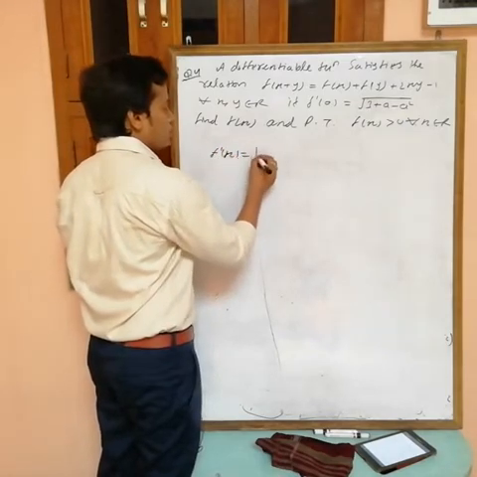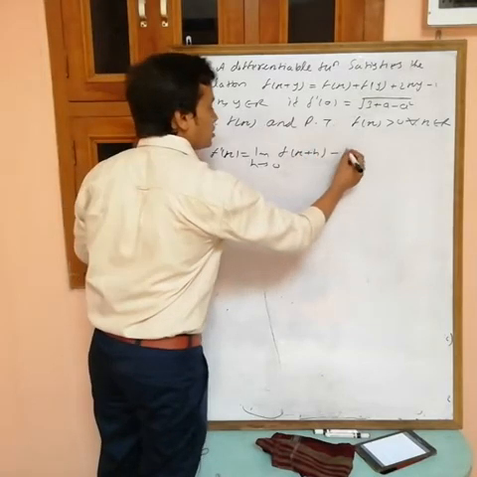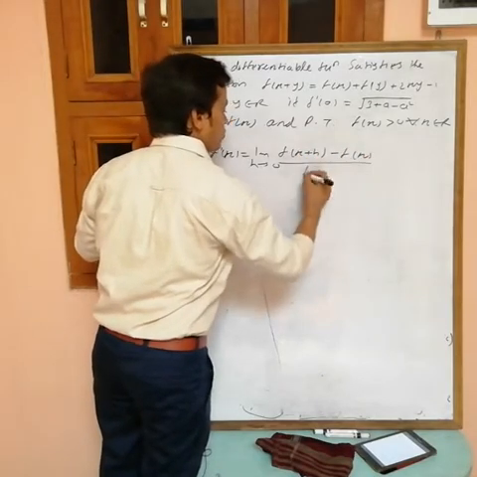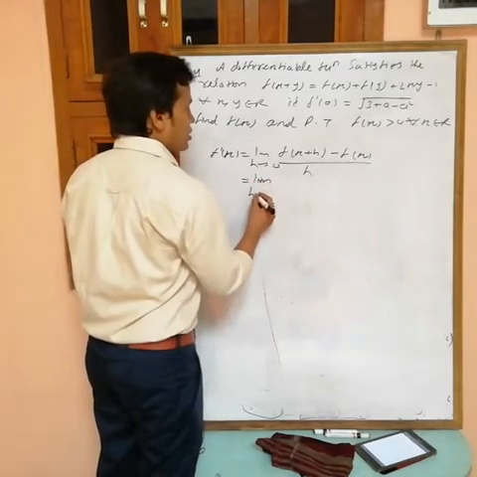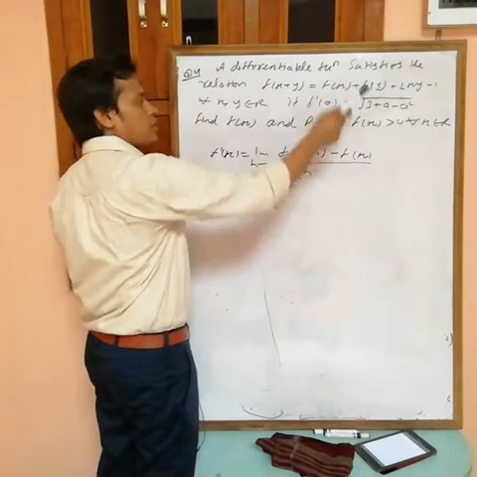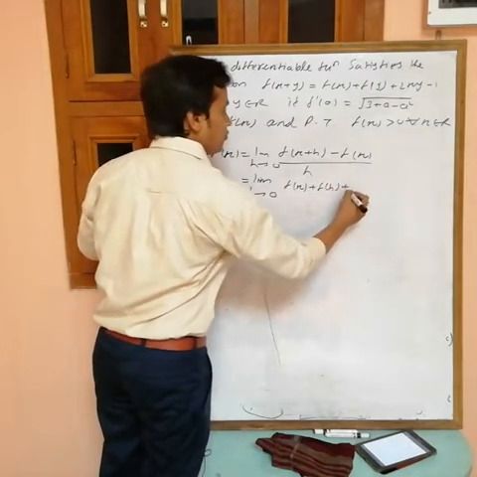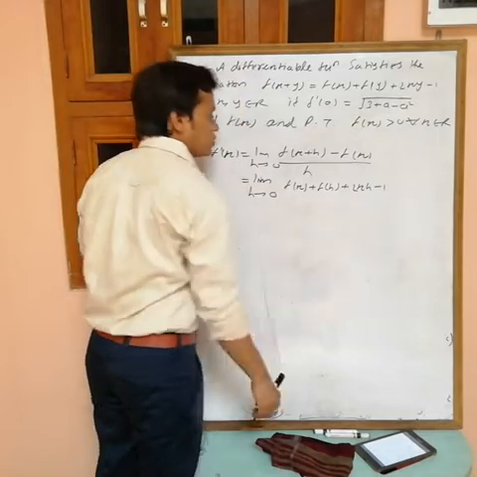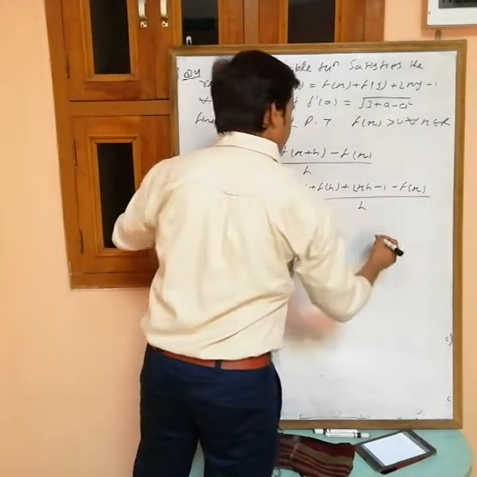f'(x) is equal to limit h tending to 0 of [f(x+h) - f(x)]/h. Now see, limit h tending to 0 of f(x+h), from this one, is [f(x) + f(h) + 2xh - 1 - f(x)]/h.